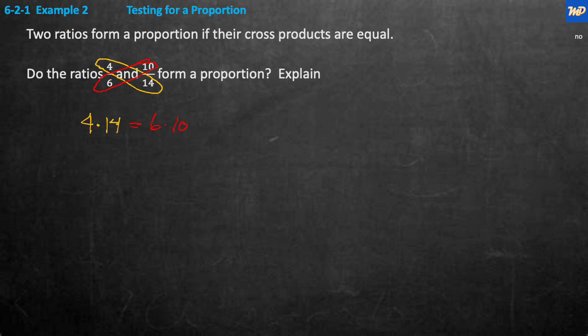The only thing we can do is find out, right? So 4 times 14 is how much? 4 times 10 is 40, 4 times 4 is 16, so it's 56. And is 56 equal to 6 times 10? No, they're not equal. So this is not a proportion. Do you see that? It's pretty straightforward.